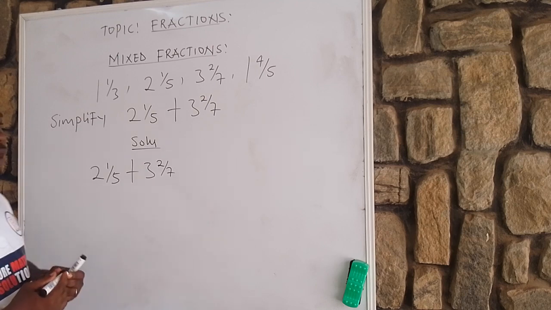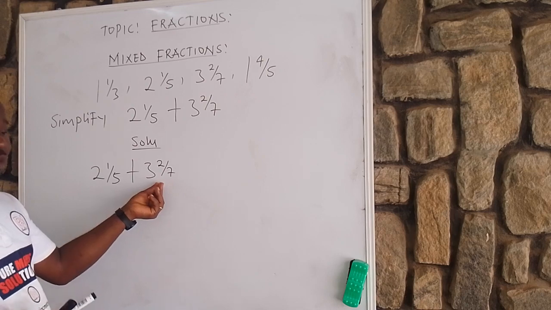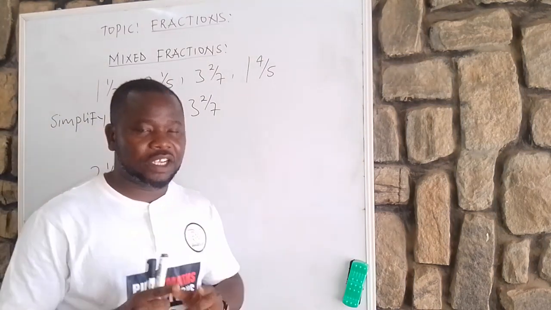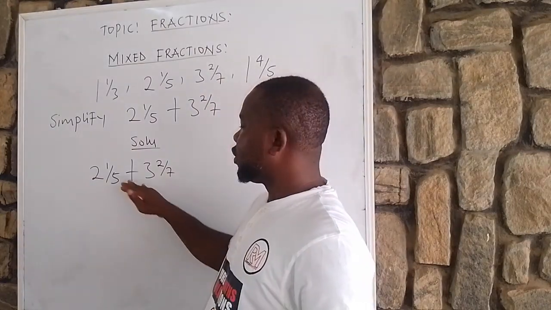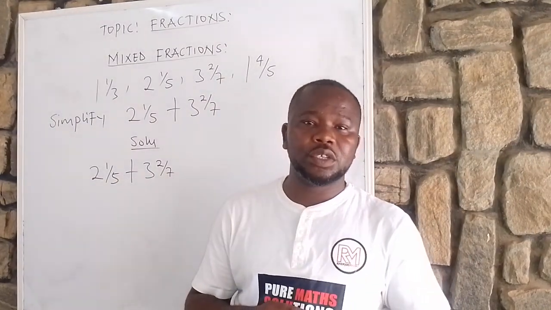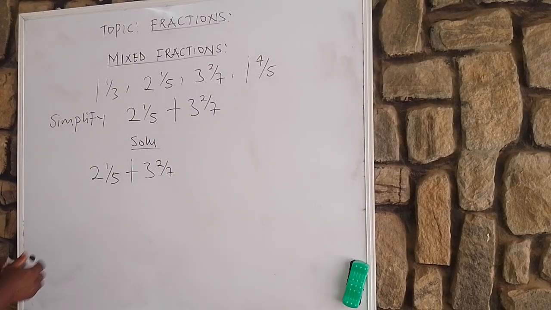You must convert this and this to what? Improper fractions before you can be able to solve this expression. Do you agree with me? Take note. As it is, you cannot solve it, but you must convert it.